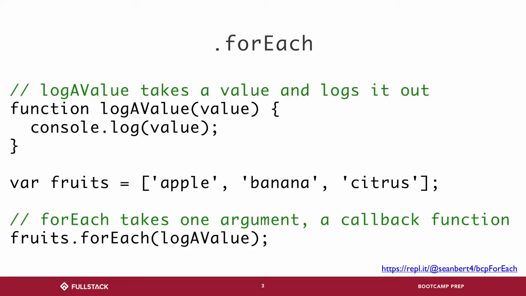So the first one we're going to look at is forEach. All of these, because they're array methods, you call off of the array. So you call fruits, which is the array, dot forEach, and then this is where you put the callback.